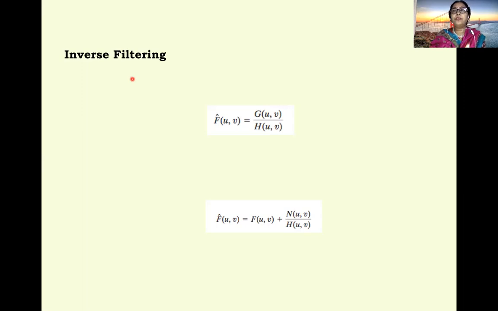There should be some relation between F approximate (u,v) and F(u,v). Therefore, F approximation (u,v) is equal to F(u,v) plus the noise function divided by the transfer function. This is the reality. This second part of the equation is the main criterion, the main problem.